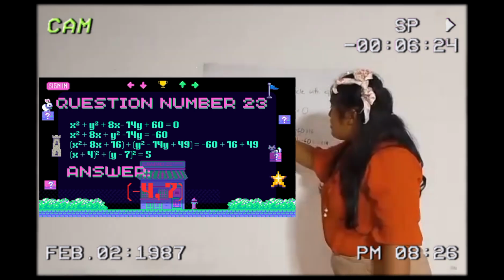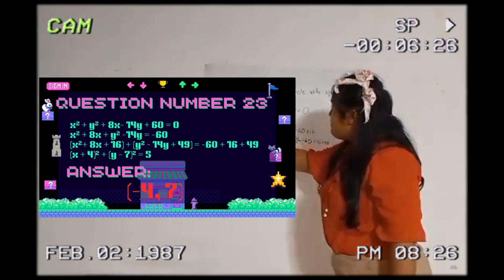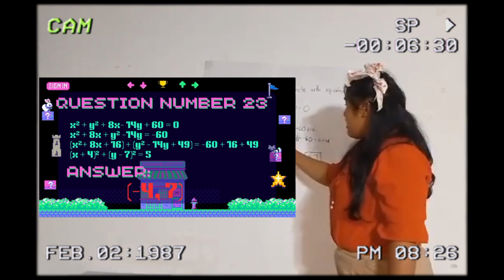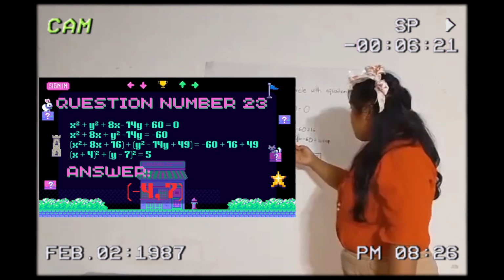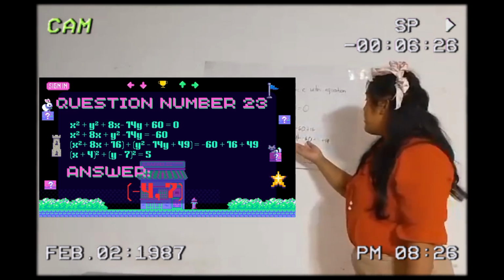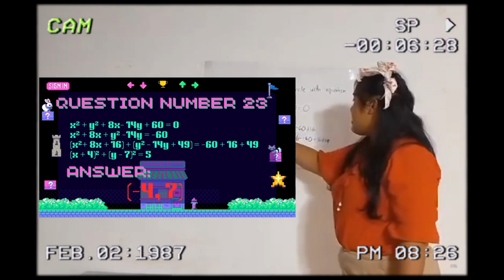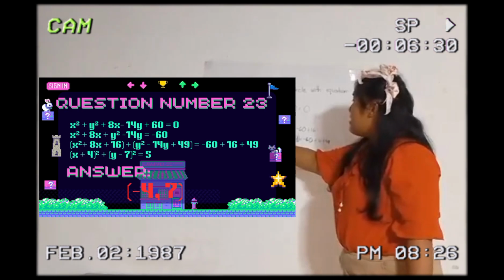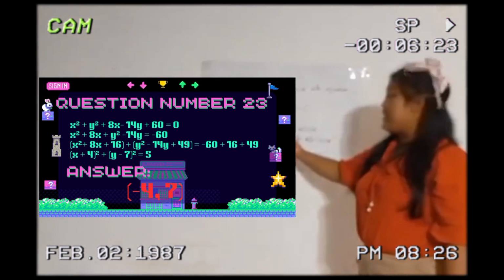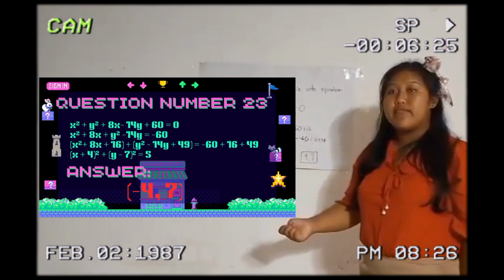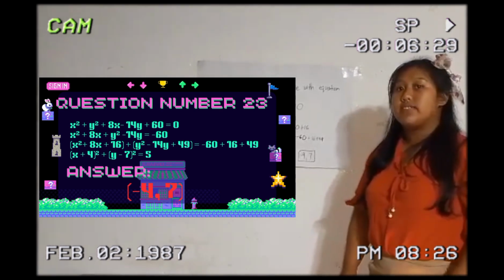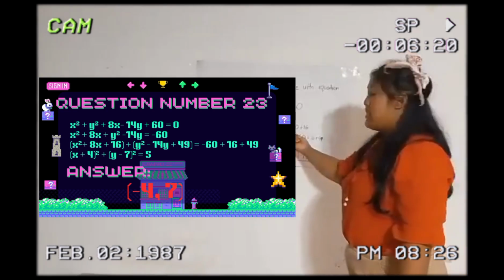Next, we have x squared plus 8x plus 16 plus the quantity y squared minus 14y plus 49. We get 49 the same way: half of negative 14 is negative 7, and negative 7 times negative 7 equals positive 49.